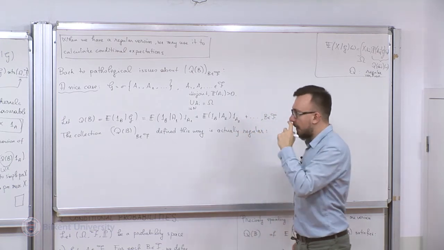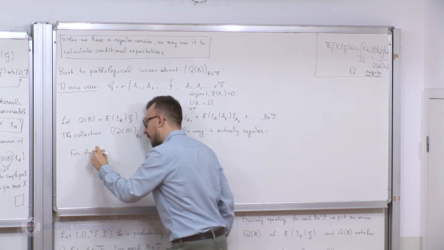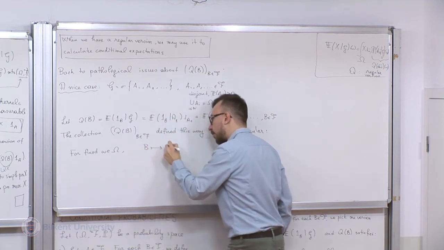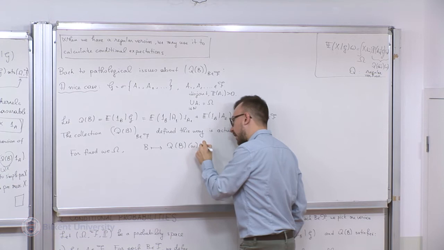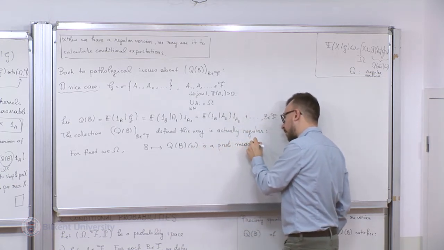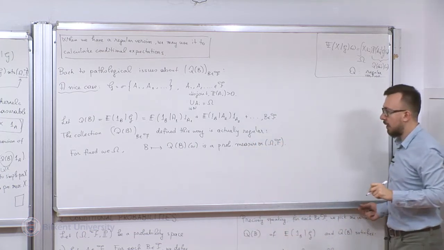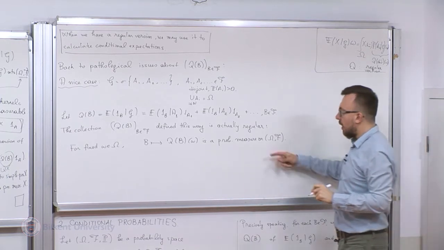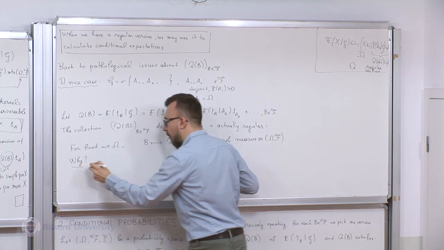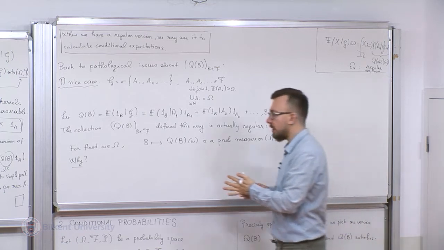Namely, for fixed omega, this is a probability measure on omega F. So let's check it. So why? Well, all we need to do is to check countable additivity, right? We need to show this is a measure.